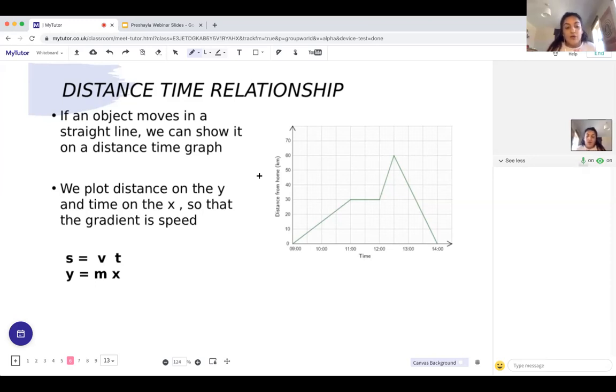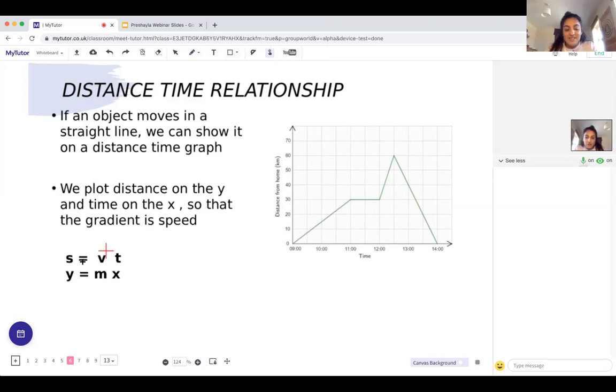Okay. So we have our equation S equals VT, distance equals speed times time, where we have distance plotted on the y-axis, time plotted on the x-axis, so these match here and these match here, so that we know our velocity will be our gradient.